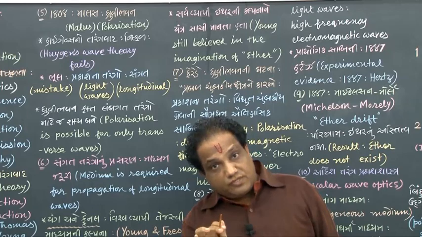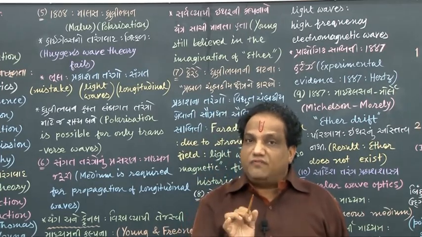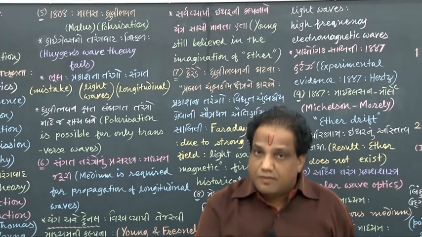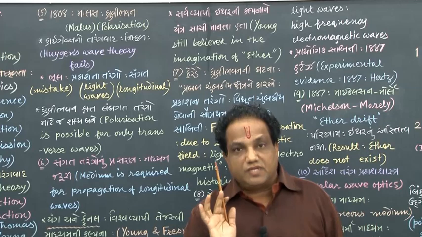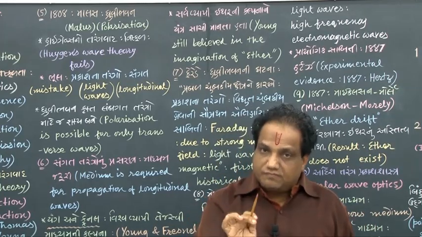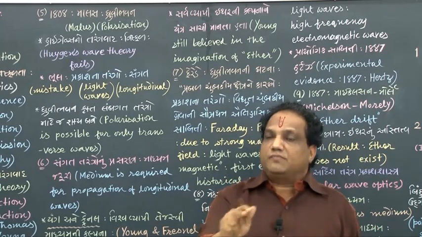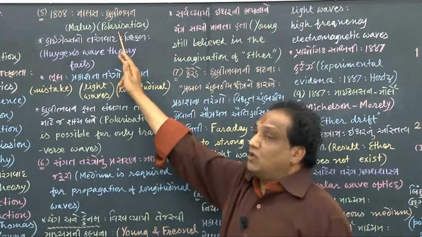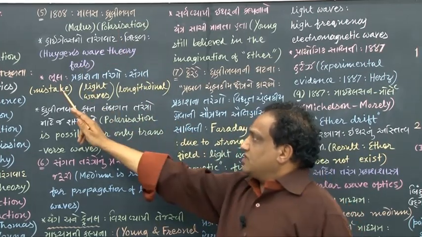And for light waves, polarization is possible, meaning thereby light waves must be transverse, must not be longitudinal as assumed by Mr. Huygens. So, because Mr. Huygens had believed that light waves are longitudinal, he could not explain this phenomenon which is polarization. Okay, fine. That was his mistake.